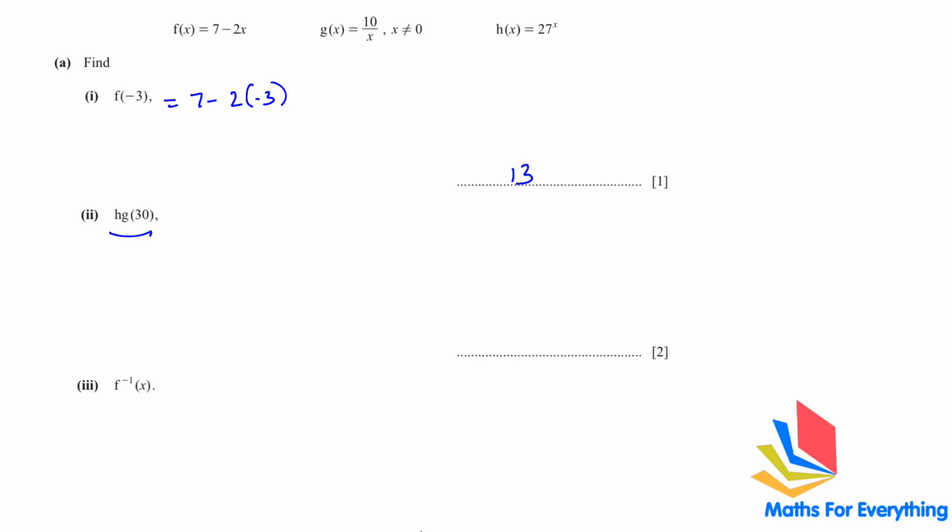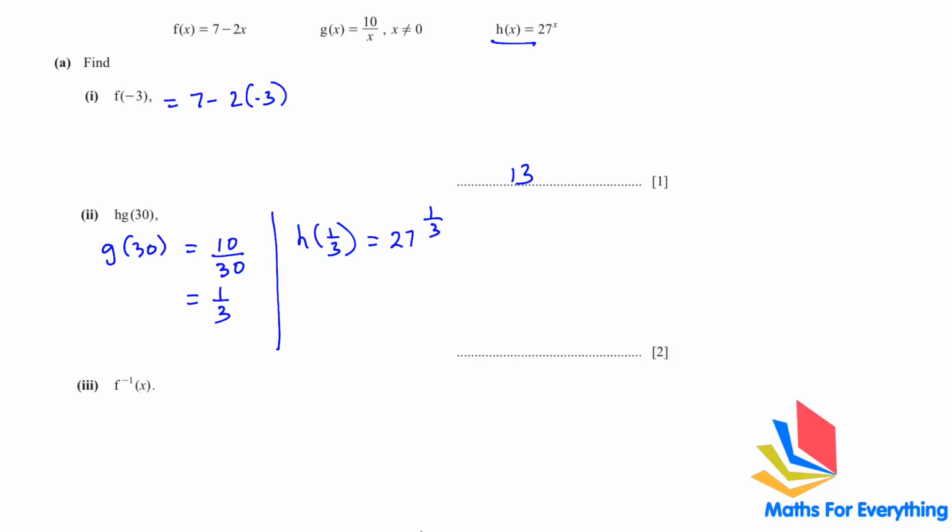If you have a question like that, let's first find g of 30. In place of x, we'll substitute 30. That will give us 1 over 3. Now this answer will substitute in place of x in h. So 27 to the power of 1 over 3, and we will get 3.